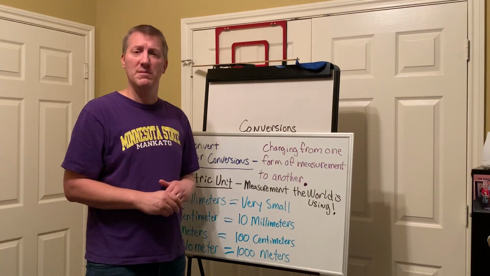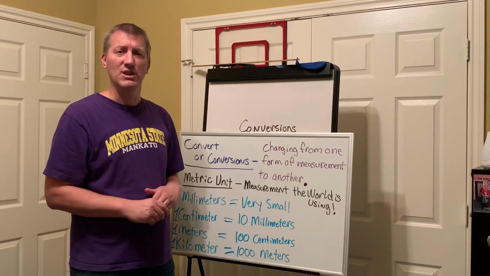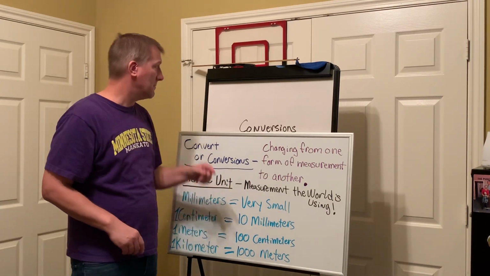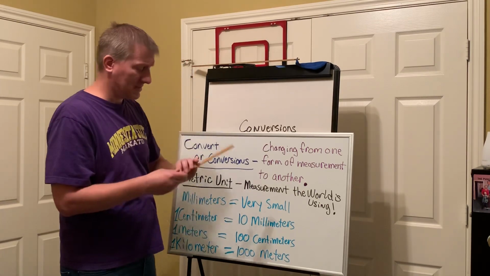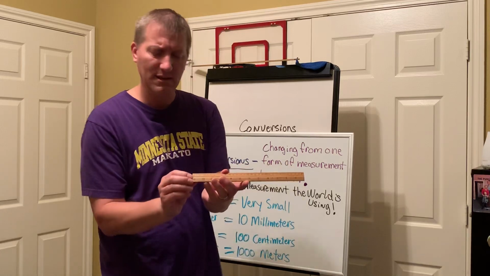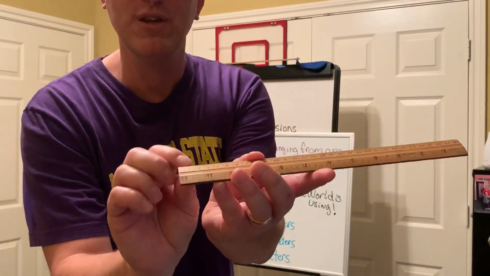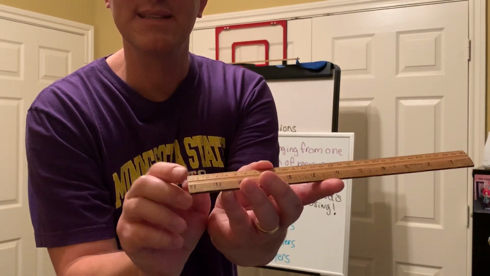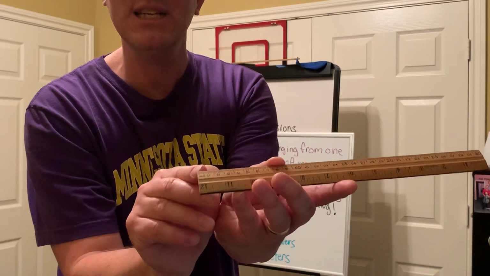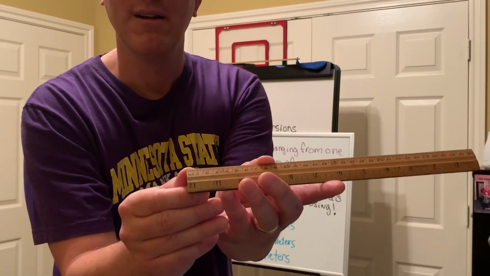Today, we're talking about metric units of length. The first one is a millimeter, and I brought some rulers here. It's really tough to see, but on this ruler it says mm, and each of those little tiny marks is a millimeter.